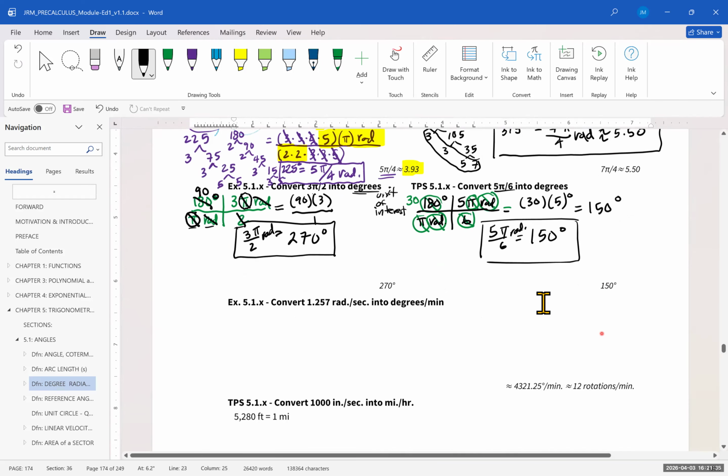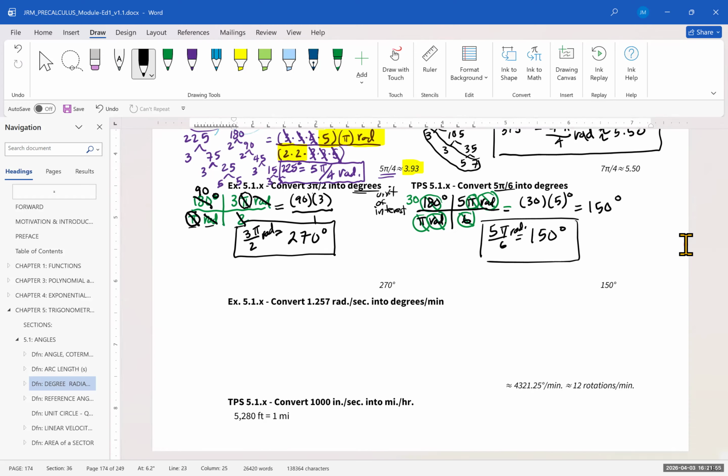Now, where it starts to come into play, where it's a little more handy with cancellation of units, is when you're trying to convert units like this. So 1.257 radians per second, we want that to be degrees per minute. Think about that for a minute. It's actually a little harder.